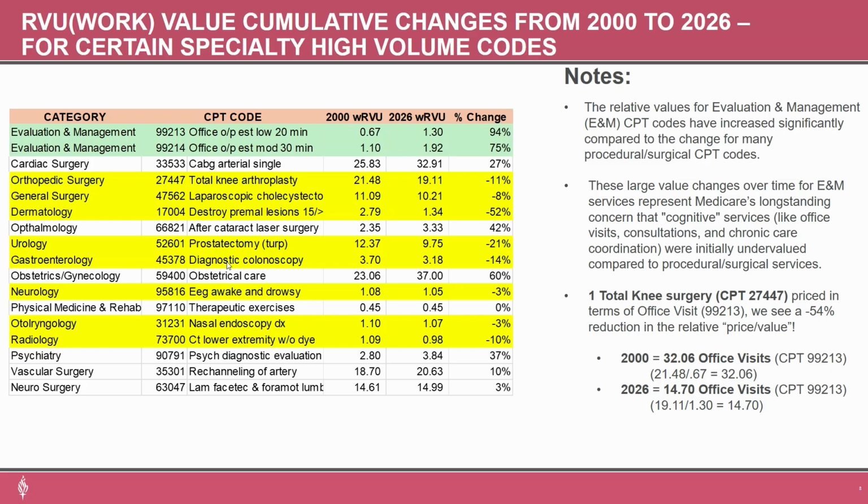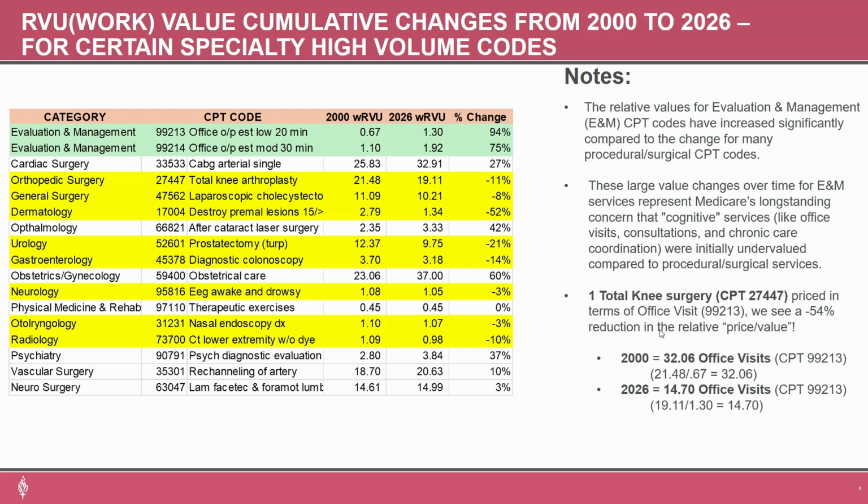If we look at similar favorite codes of other specialties, we'll see that many of these codes over the 26-year period have seen decreases. The large value changes over time for E&M services represent Medicare's long-standing concern that cognitive services like office visits, consultations, and chronic care coordination were initially undervalued compared to procedural and surgical services.